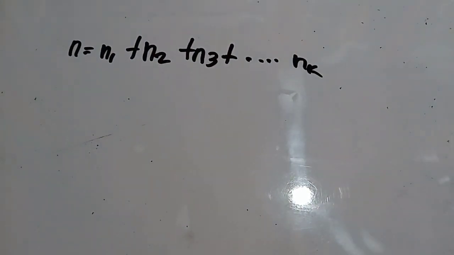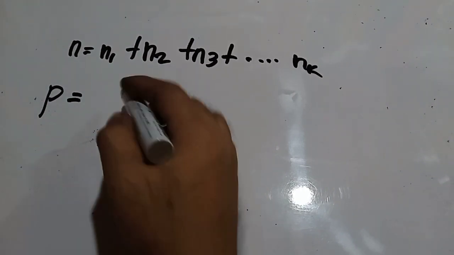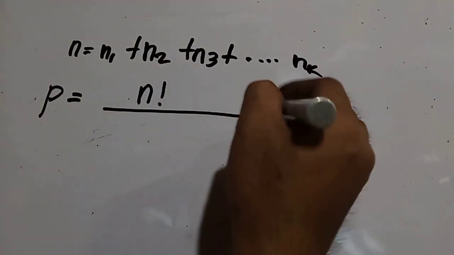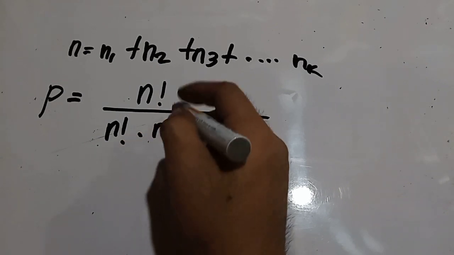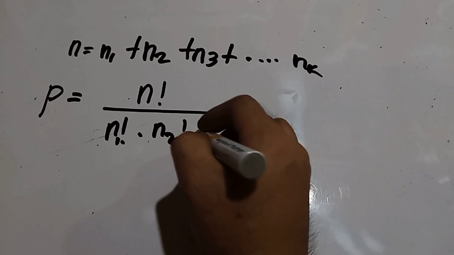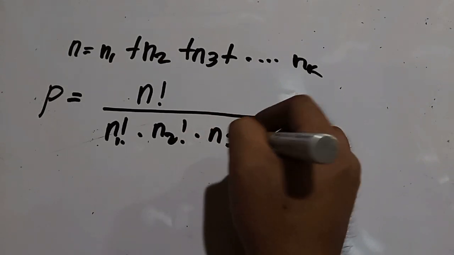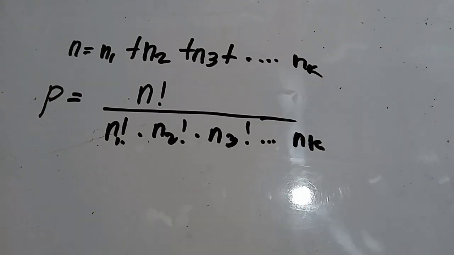The number of distinguishable permutations of n objects is n permutation over n sub 1 permutation times n sub 2 permutation times n sub 3 permutation and so forth. That is our formula.